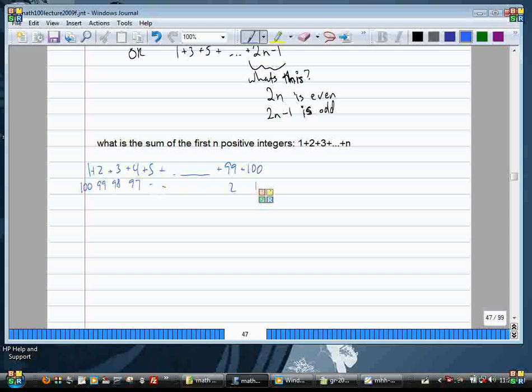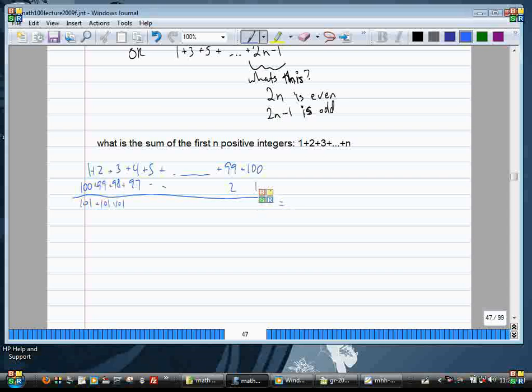This student said, let me include the 100. Let me pair up the numbers the way that they are. Now, if you pair up the numbers the way that they are, what does each pair make for a sum? 101. And how many of those do we have? Well, it depends how you think of it. A standard way to do this is to say, I'm just going to add all these things, and I get 101, 101, 101, plus, plus, plus.